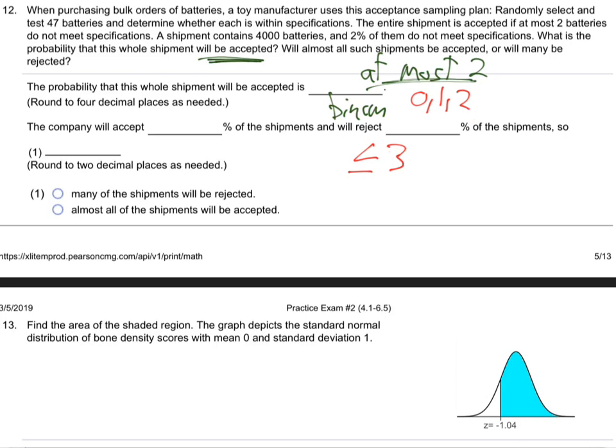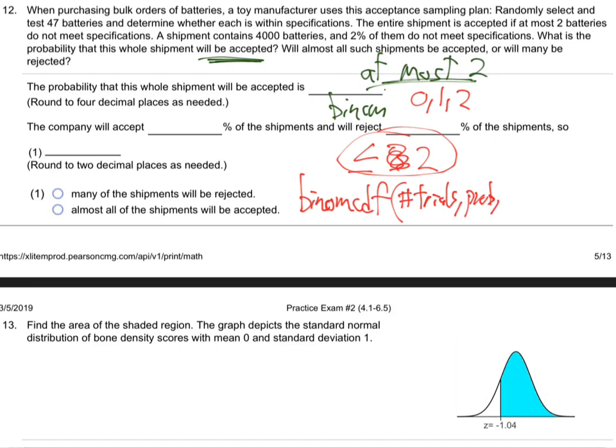So 0, 1, 2 is less than or equal to 2, isn't it? So that's what you stick in your binom CDF. Now, do we have to do the opposite on this one? No, because we've already got what we're less than or equal to, huh? Does that make sense? So we just put in number of trials, probability, and the number you're less than or equal to.